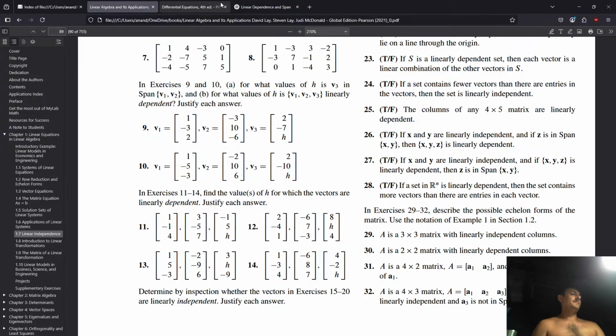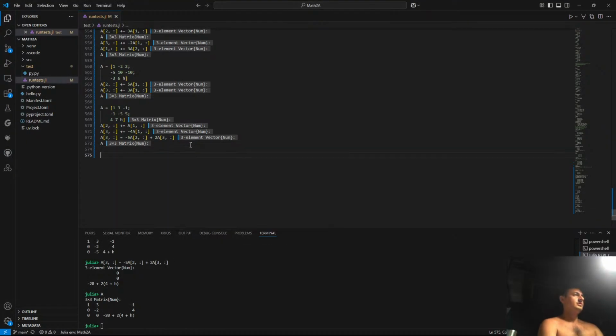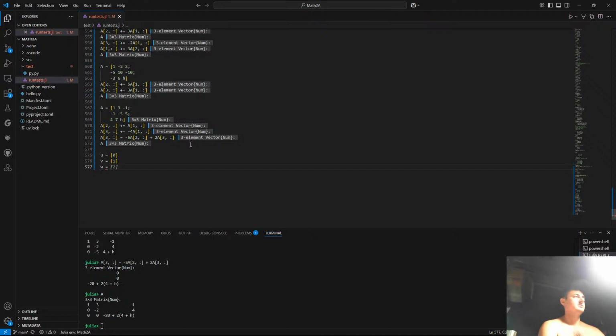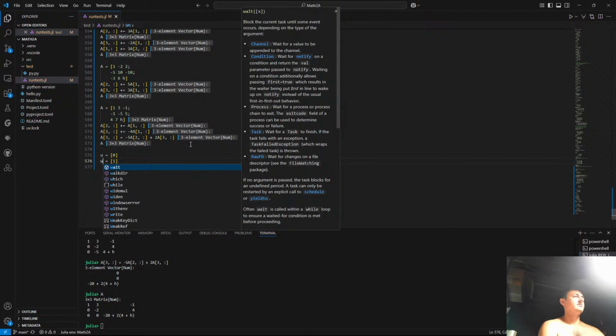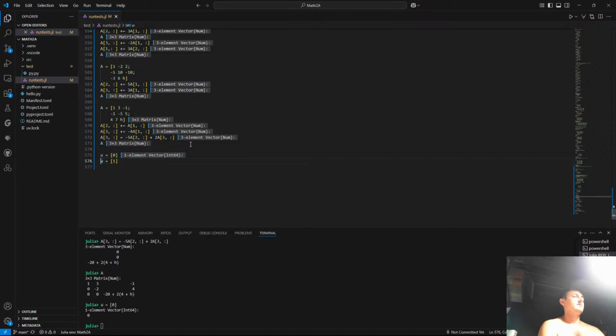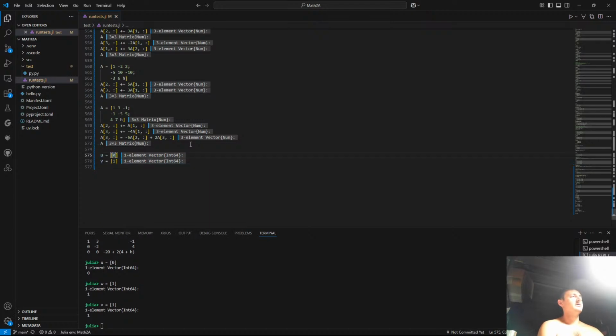Because for instance, the vector u equal to 0, v equal to 1. Then the linear combination w is equal to this. Just trying to find, oh wait, no. What are we trying to do? We're trying to show u, v dependent.